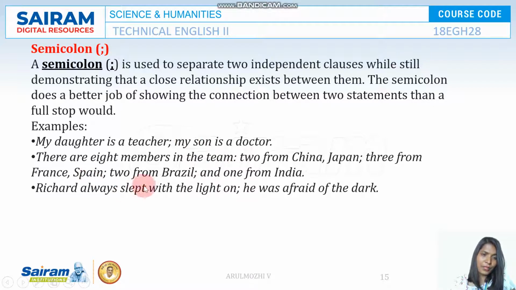Take for example, a father is talking about his children. So he says that my daughter is a teacher, and he says what his son's occupation is. Okay, he's talking about the occupations of his children, so we can use a semicolon here.